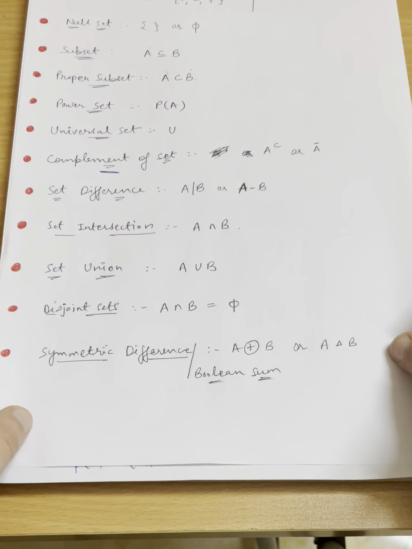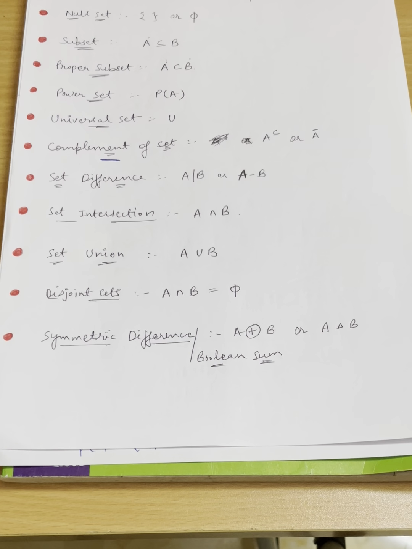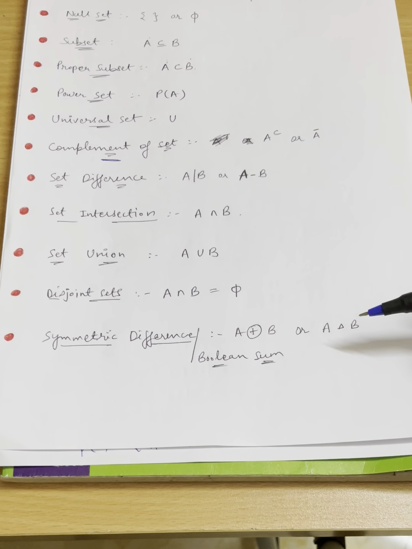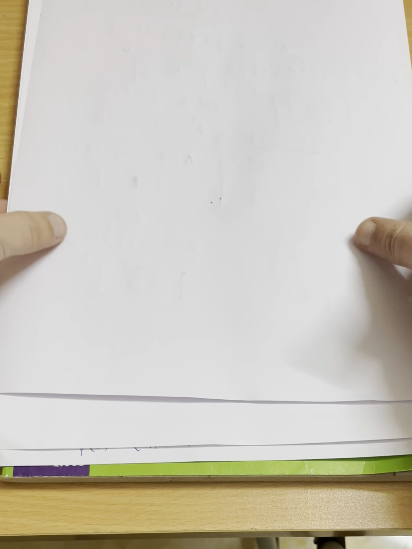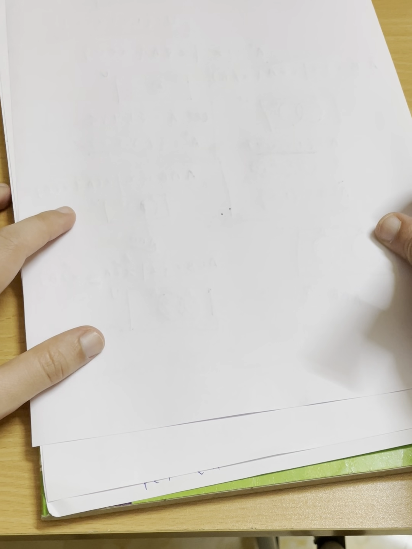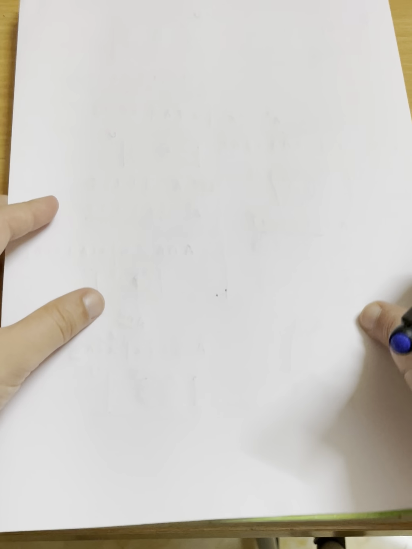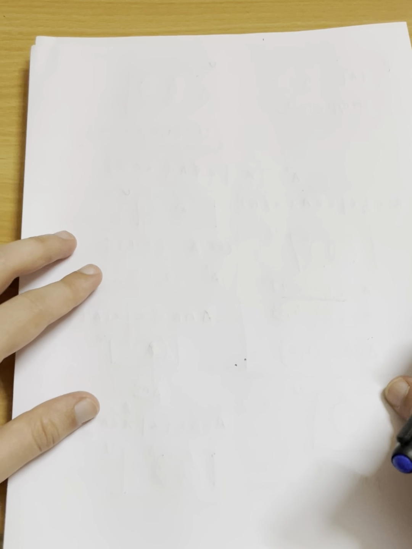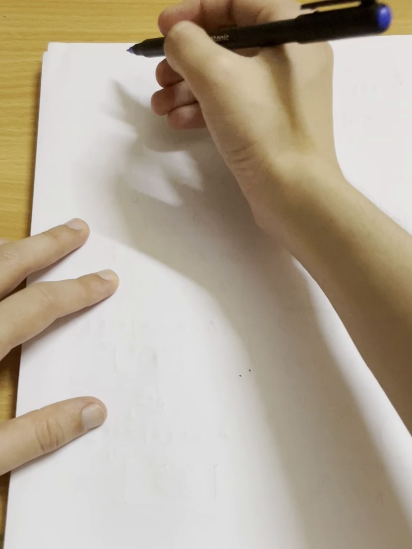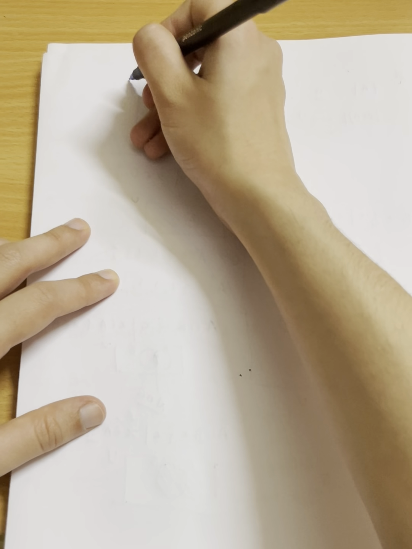The last one is symmetric difference, also called Boolean sum. Symmetric difference, also called Boolean sum, is represented by an XOR sign or a triangle sign. So what is symmetric difference? Let's see. First let's talk about the general form.